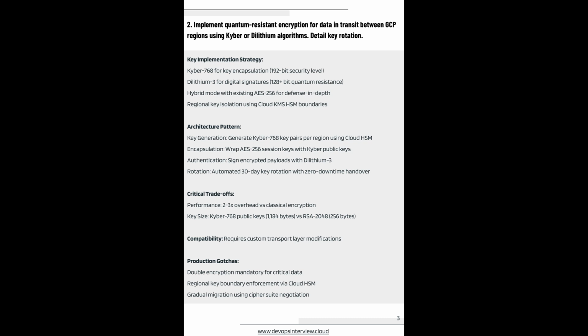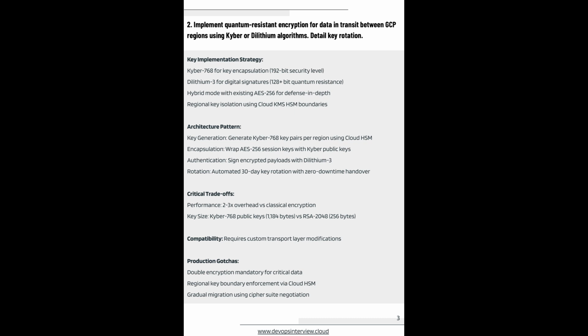Perfect. So for that quick, punchy answer you might need, here's the essence. Google Cloud's current encryption is incredibly robust against today's threats, no question. But the looming shadow of cryptographically relevant quantum computers, CRQCs, means it's vulnerable to future attacks. The solution involves a proactive integration of these new NIST-standardized post-quantum algorithms.